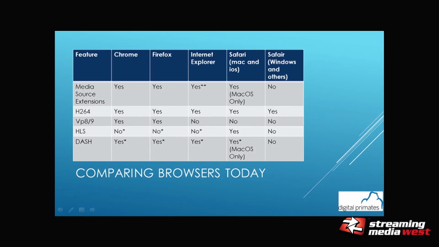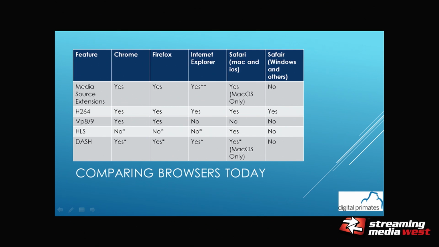So in terms of the browsers today, here's the major landscape with asterisks along the way. Most of them support media source extensions, except Safari on Windows does not, and Safari on iOS does not. They all support H.264. Chrome and Firefox support VP8 and VP9. I've been told Edge is going to support VP9 and VP10.